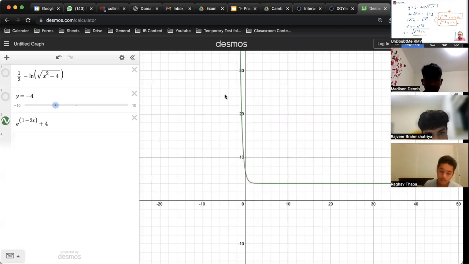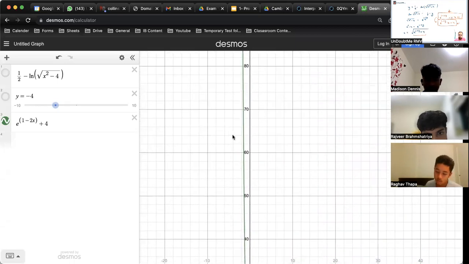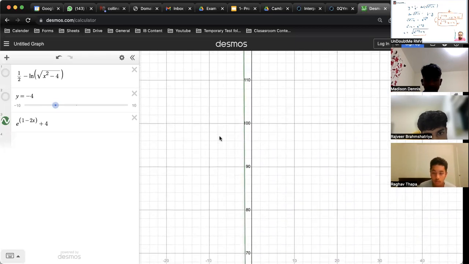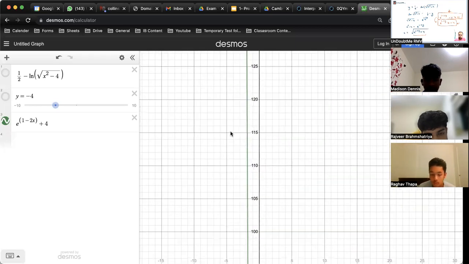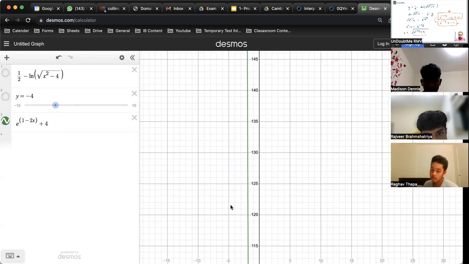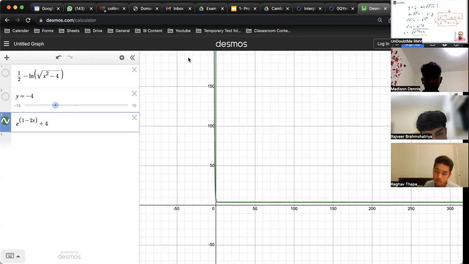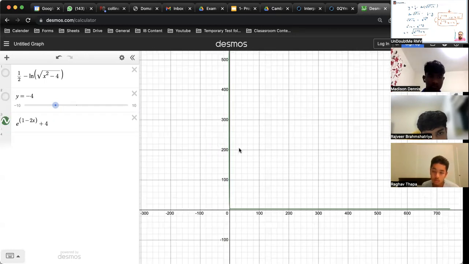You can see the horizontal asymptote for this. How much will the horizontal asymptote be? Can we find it from here or not? Let us go to some higher value. At some higher value, this has passed beyond -2, still not possible.